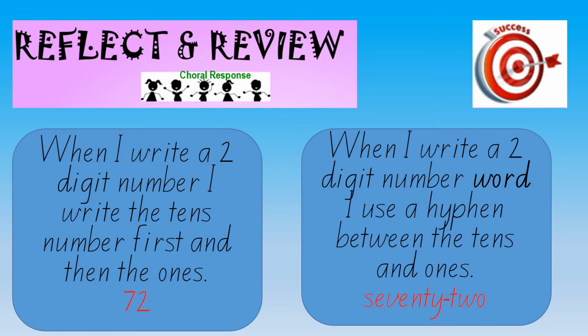So if I'm writing the number word for 72, I have to put a hyphen in between 70 and 2. Those are all the really important things you need to remember that we learnt in our lesson today. If you can remember those things, then you have been successful in your learning today.